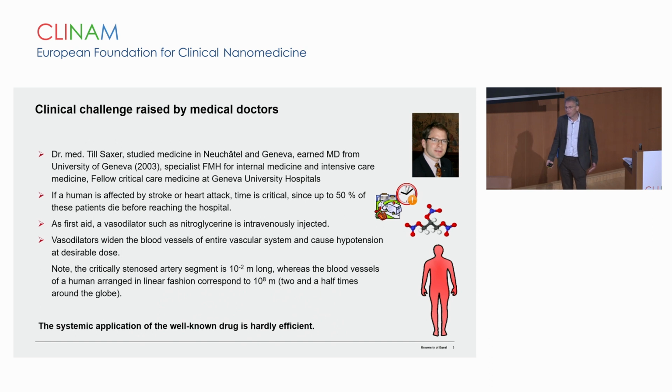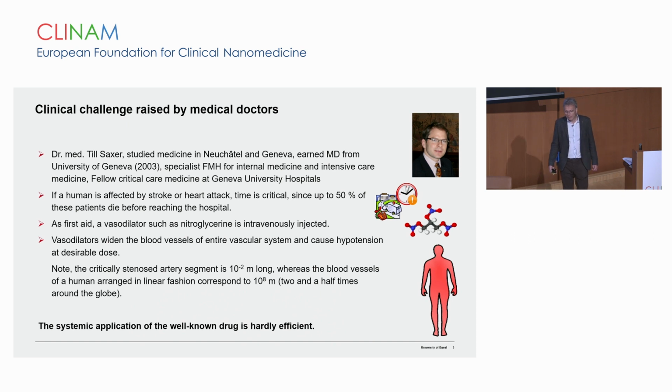The only thing he could do is to provide a vasodilator such as nitroglycerin. But the dose was very much limited because of side effects, and the dose is a very critical issue, especially having in mind that we are looking for a 1 centimeter stenosis maybe, and the blood vessel system of a single human body corresponds to 10 to the 8 meters.